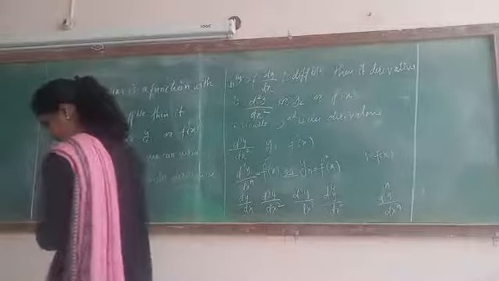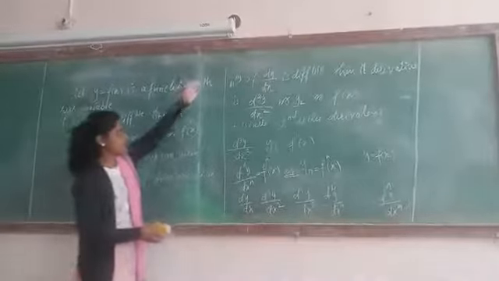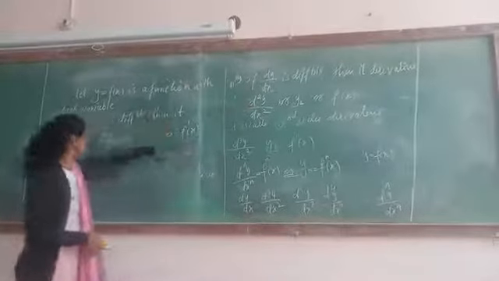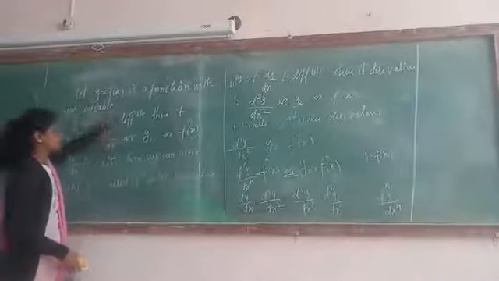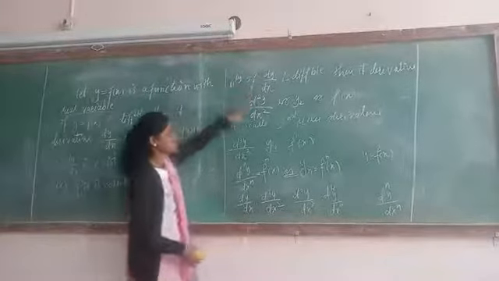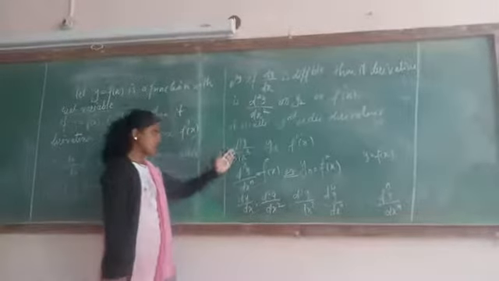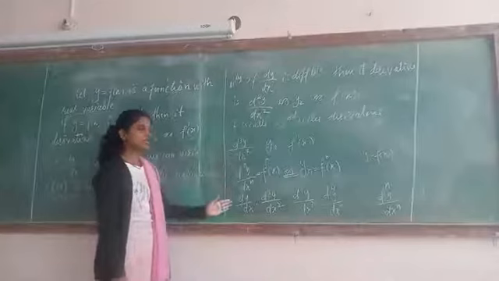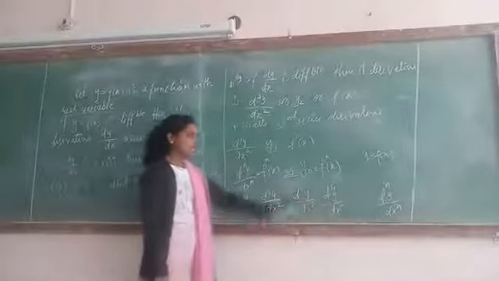This procedure of differentiating, we are differentiating again and again. If we differentiate this, we will get this. If we differentiate this divided by dx, we will get d square y by dx square. If we differentiate this, we will get d cube y by dx cube. If we differentiate this, we will get d to the power 4 y divided by dx to the power 4, till the nth time.